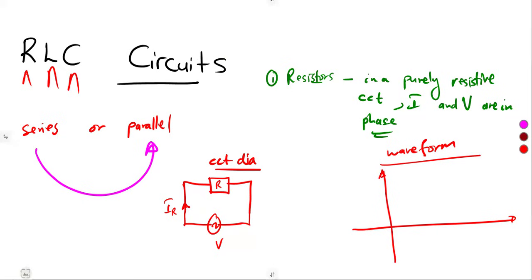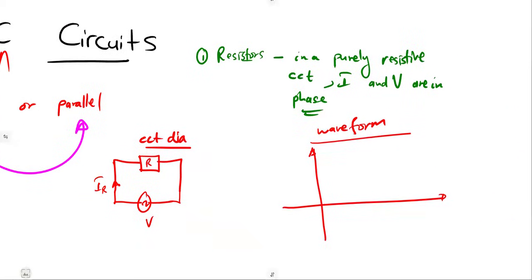So if you consider your waveform, you are going to notice this is our reference, which is at 0 degrees. They are all in phase, meaning the only difference is going to be the magnitude. As we consider our waveforms, they're going to be exactly the same shape, crossing the horizontal axis at exactly the same points.